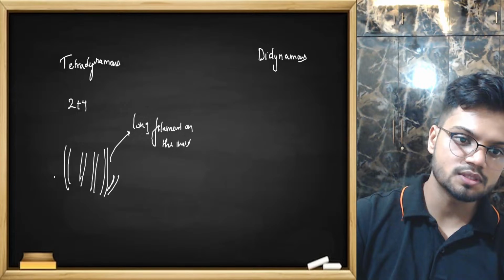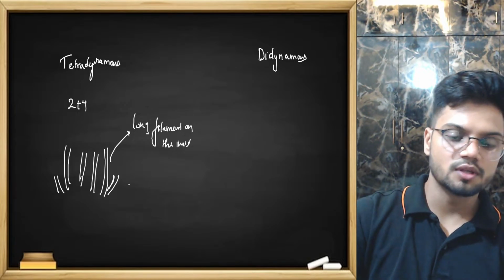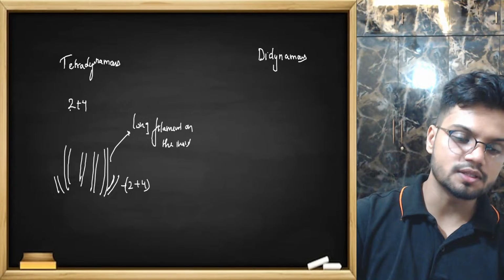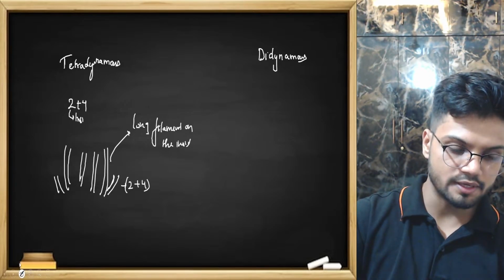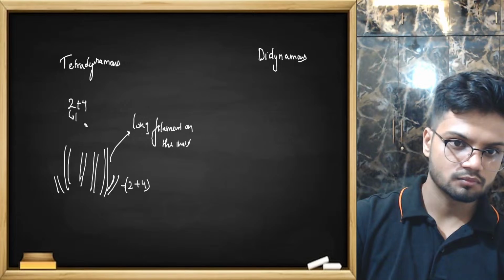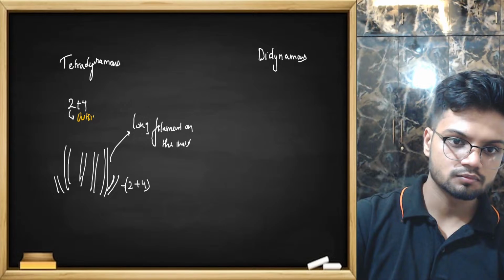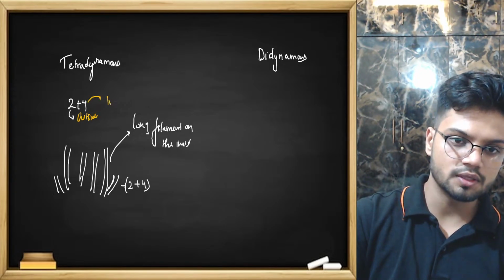Can you see the 2 short filaments? So 2 short on the outside, 4 tall on the inside.